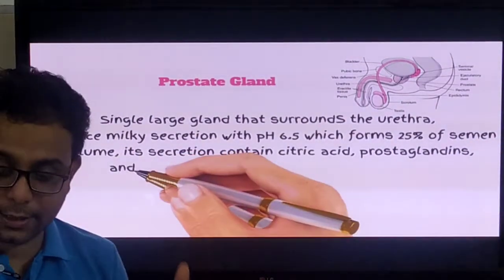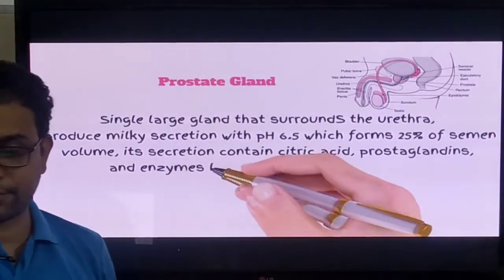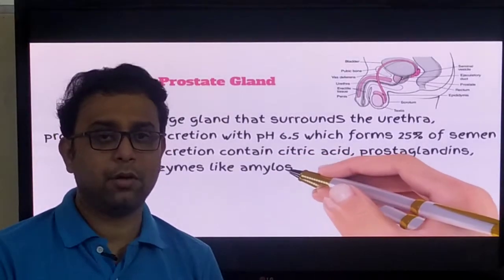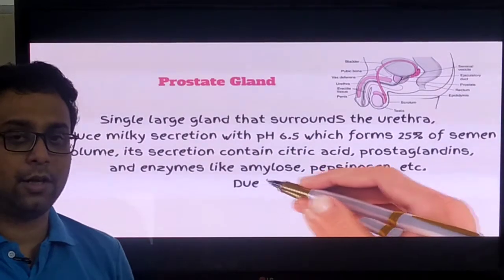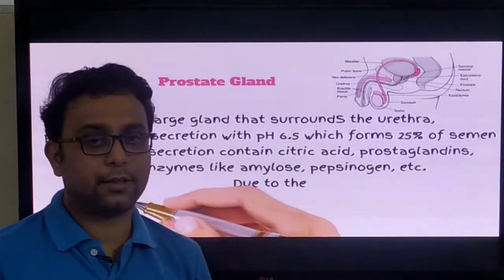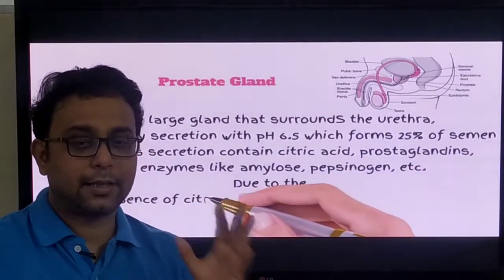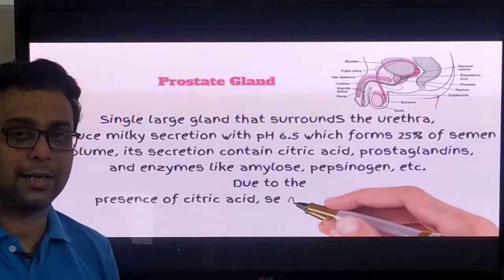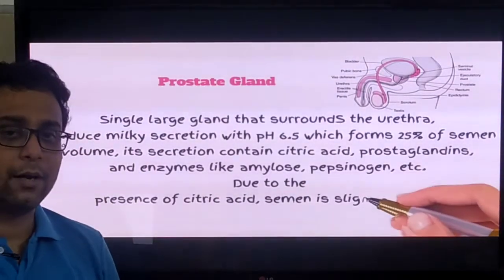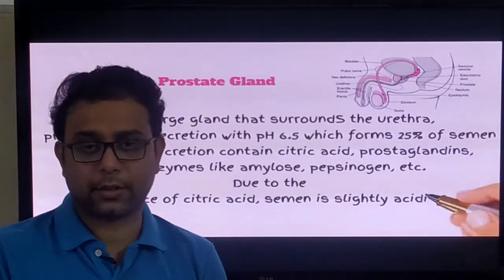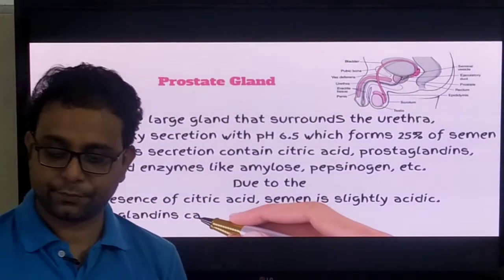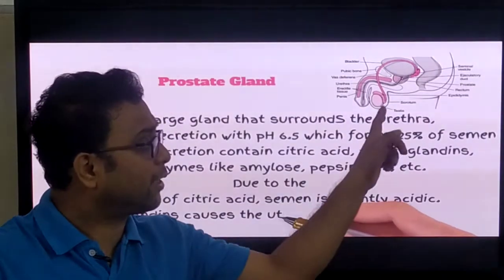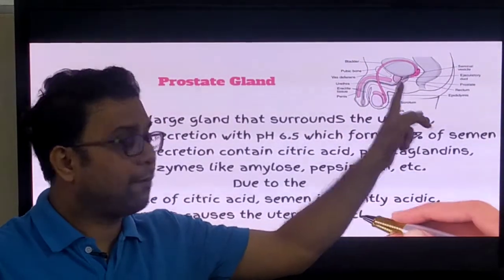Its secretion also contains some citric acid and some enzymes. So the seminal vesicles, the prostate gland, and the third one is the bulbourethral glands or Cowper's glands. Now we discuss the third important gland, right? So the prostate gland, you can observe in that particular picture.